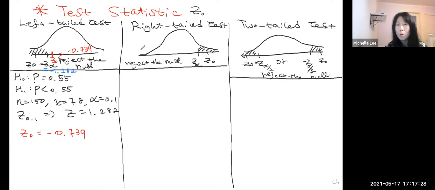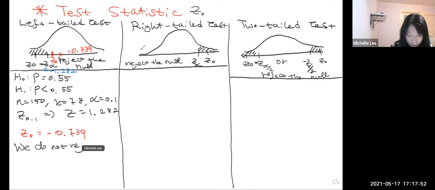So we say that we do not reject the null hypothesis. We do not reject means fail to reject.